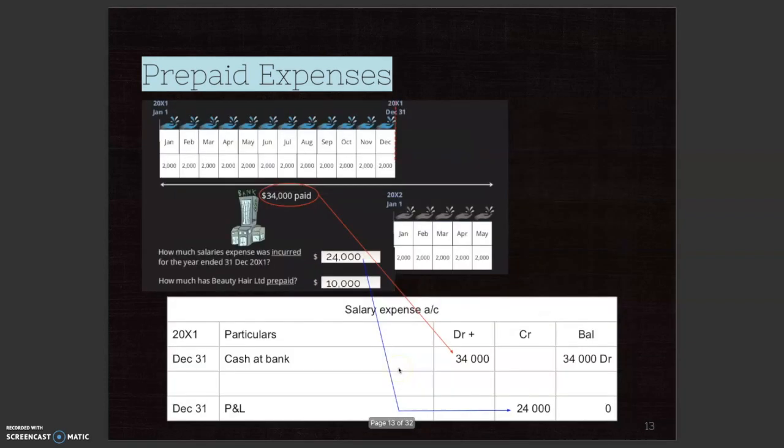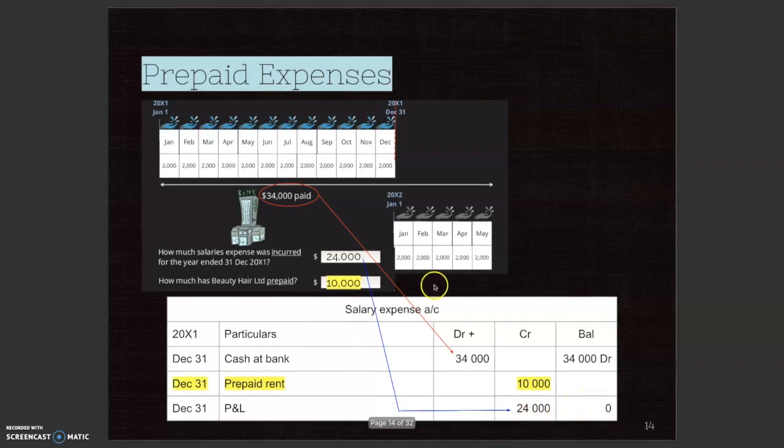So prepaid by 10K. Same thing, you will record the payment on the debit side, cash at bank. You record the amount that is incurred, you transfer it to your P&L, 24K. At the end of the year, this account should be 0. There's an imbalance here. So what I'm going to do is I'm going to balance this account so that it can be 0.